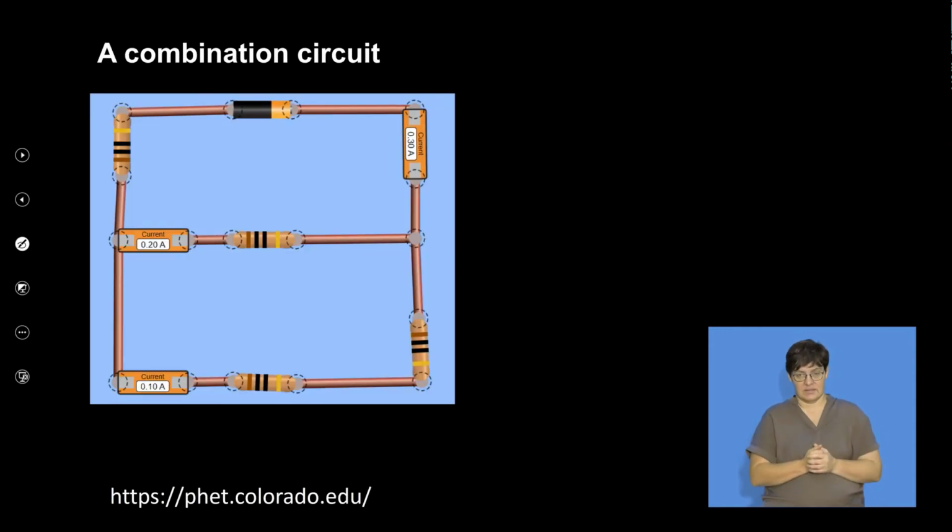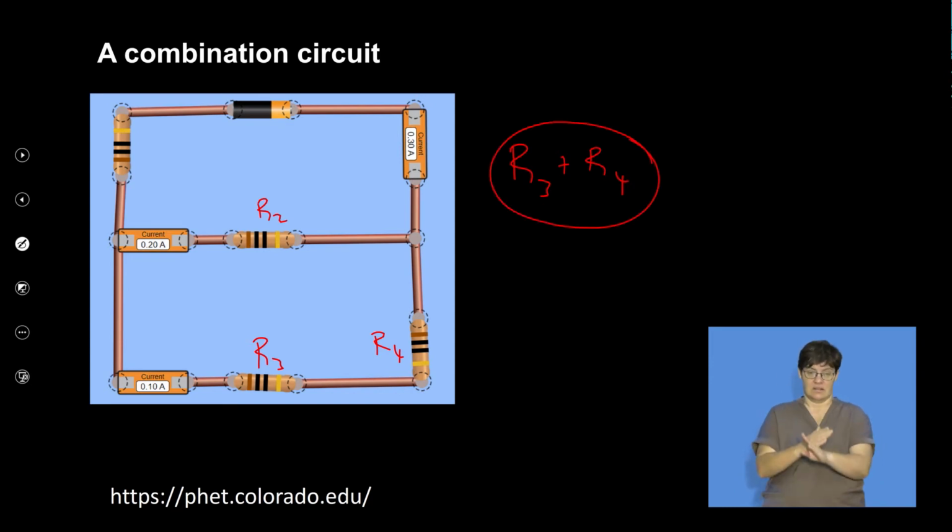So if this is R2 for argument's sake, and R3, and then R4, we have to first of all get R3 plus R4, right? If this is a single resistor, it is in parallel with what? R2, right?